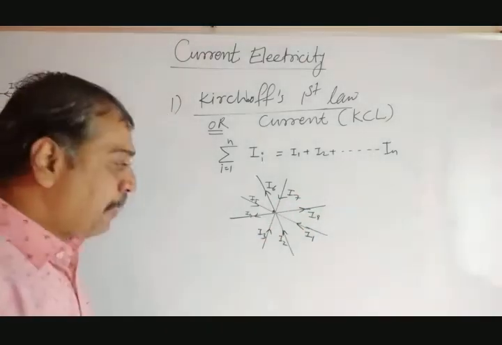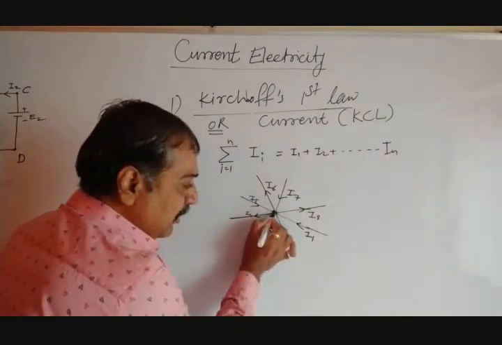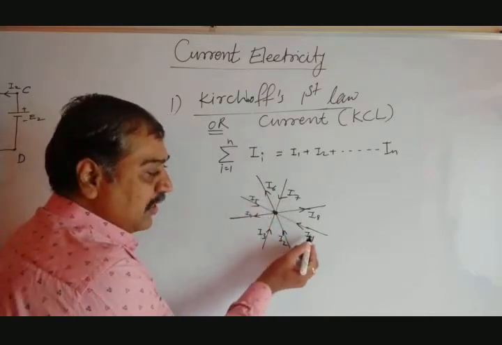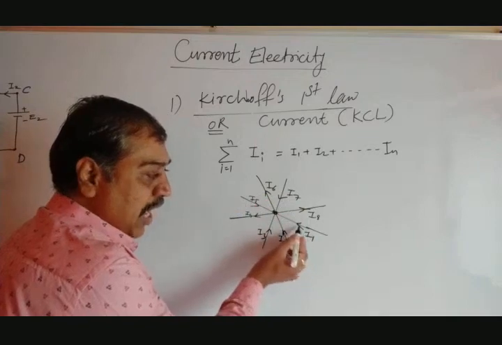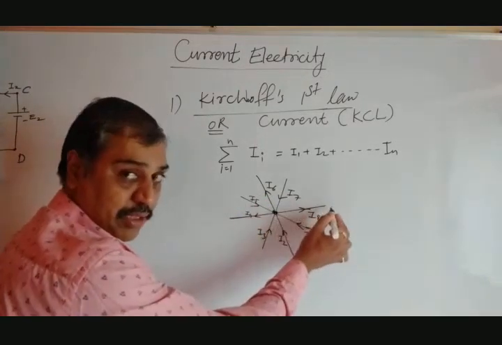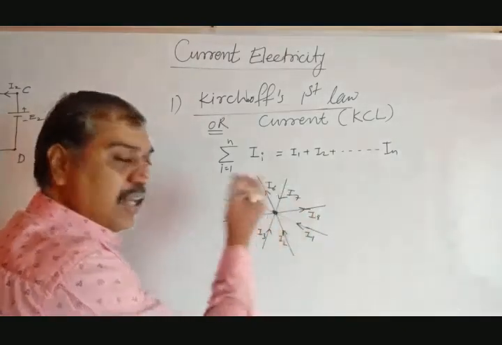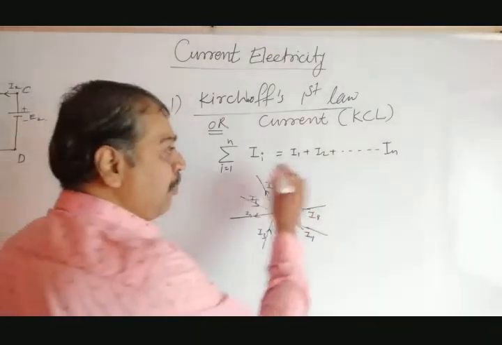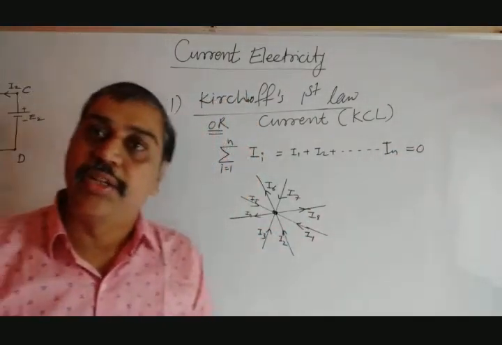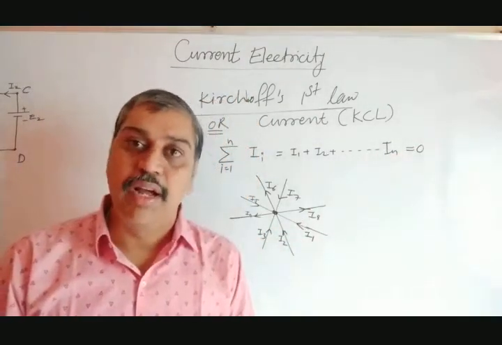Okay, now see, suppose this is the junction where these branches of the electrical circuit combine together. So this current I1 is going toward the junction, I8 going away from the junction. If we add all the currents together, the algebraic sum of all these currents is equal to 0, and that is nothing but Kirchhoff's first law, or it is said to be the current law.